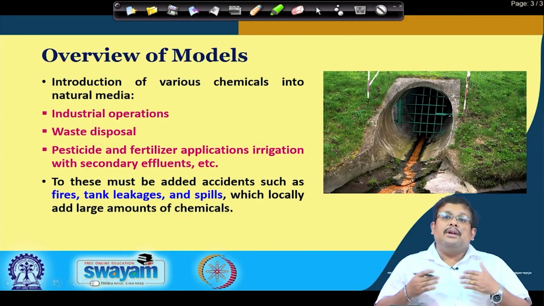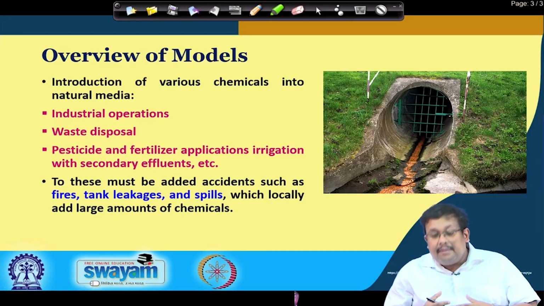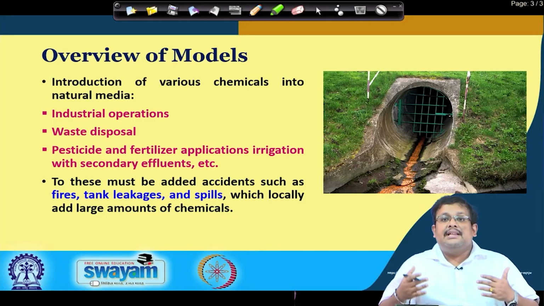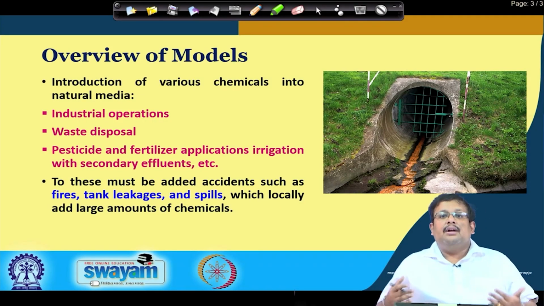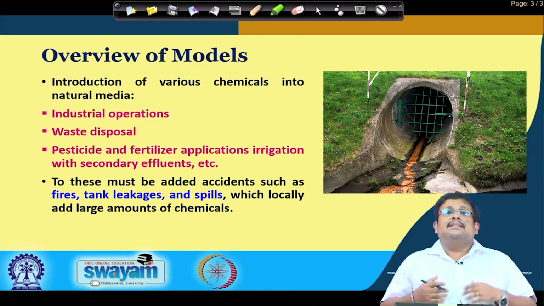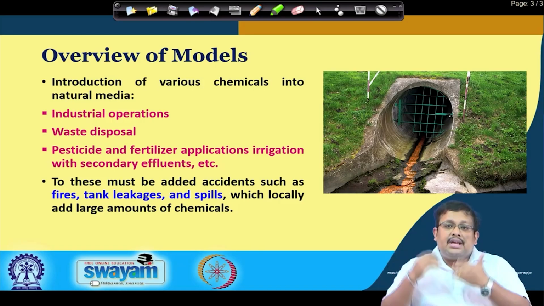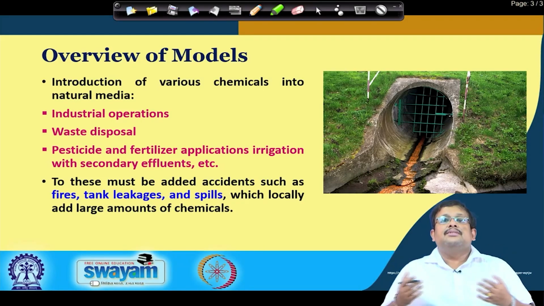And remember, whenever we are talking about models, especially here, this is basically modeling the fate of different pollutants in the environment. If we consider the introduction of various chemicals into the natural media, there are different sources, mainly three.